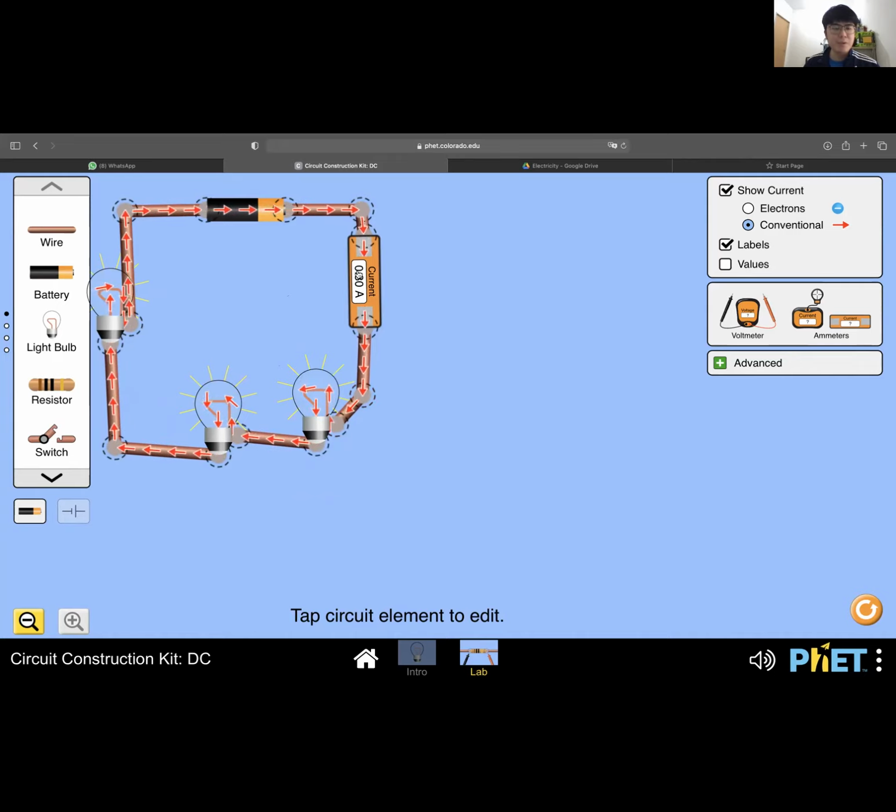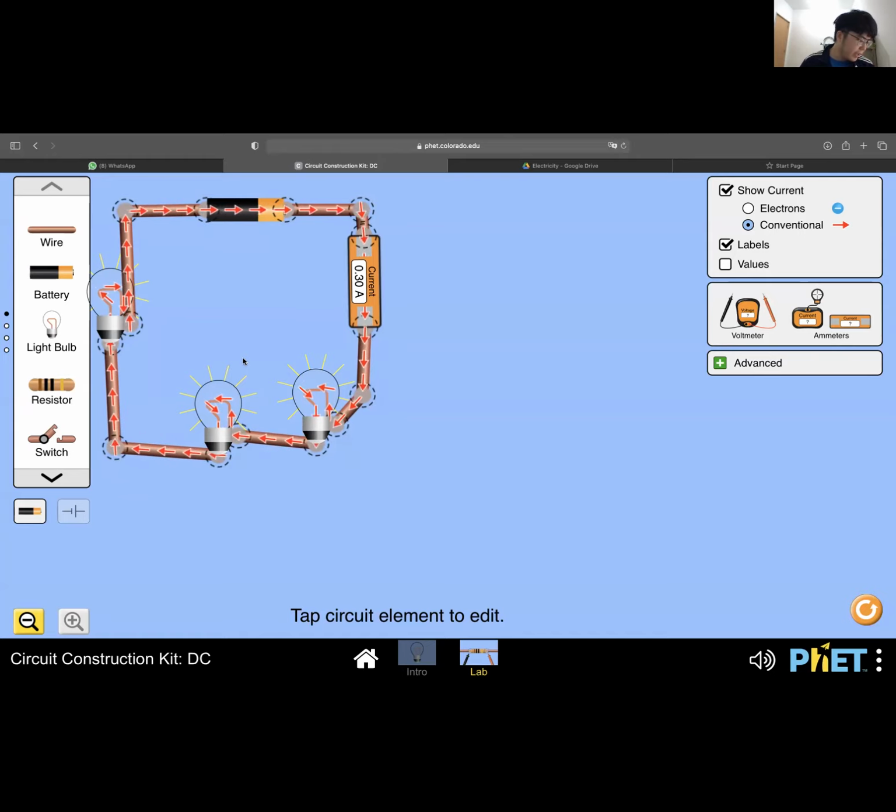Just now it was 0.45, and now it decreases to 0.30 ampere. The brightness decreases, becoming dimmer and dimmer. That is the first disadvantage.